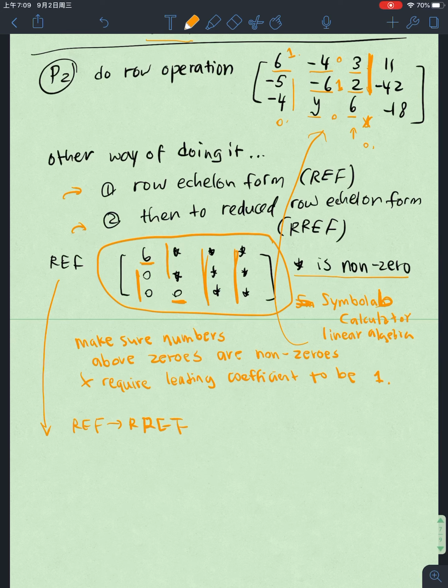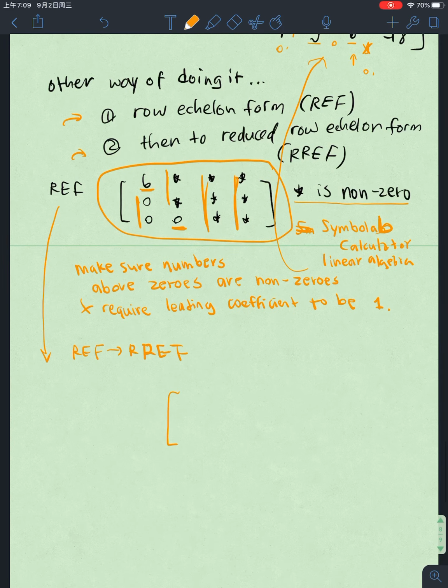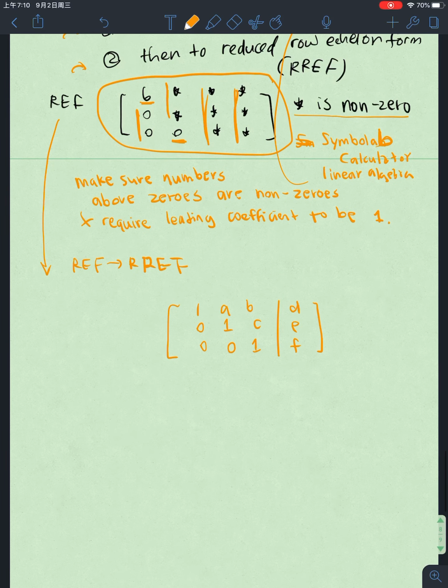After doing this, they then reduce the REF to RREF. In this case, you can calculate it yourself. And after you get the answer, for example, if you have this, you only need to rewrite it.